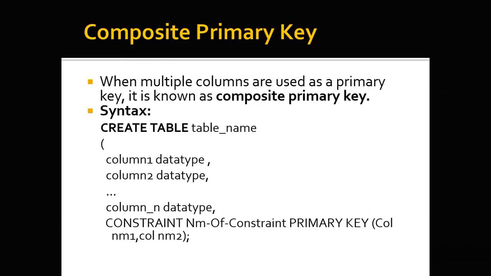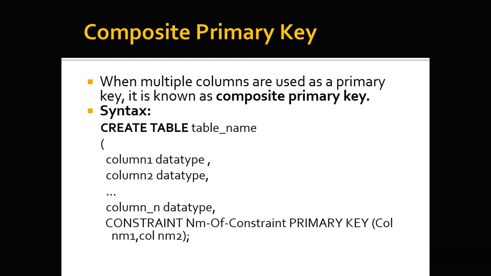Let me see the syntax first. Create table, then table name. Here the table name parameter shows the name of your existing table. Table name will be replaced by your existing table. Inside the bracket we will define the columns for this table.